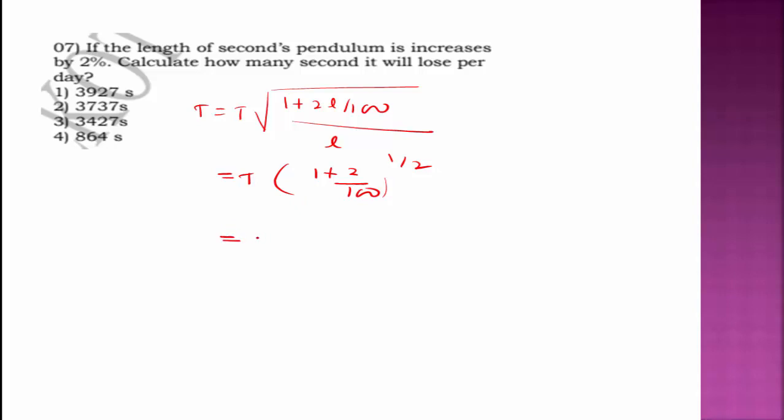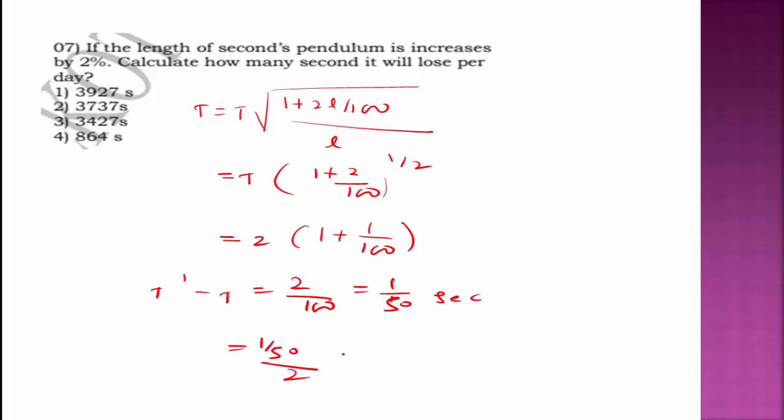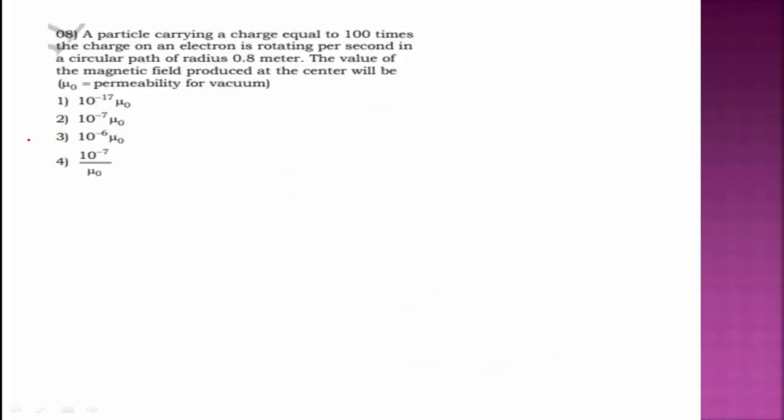Here it is 2%, so T into 1 plus 1 divided by 100. Therefore T' minus T is equal to 2 divided by 100, which is 1 divided by 50 second, and 1 divided by 50 into 24 hours into 60 minutes into 60 seconds, we get the answer 864. Option 4 is the right answer.